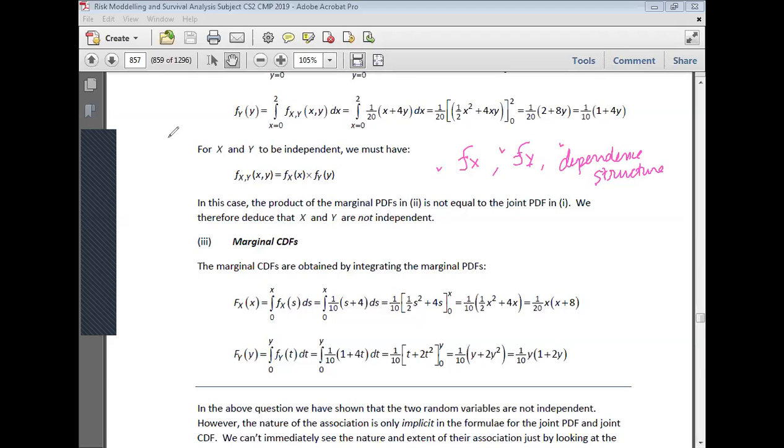It's fairly simple, and it's kind of magic how it connects the marginals and the CDFs.